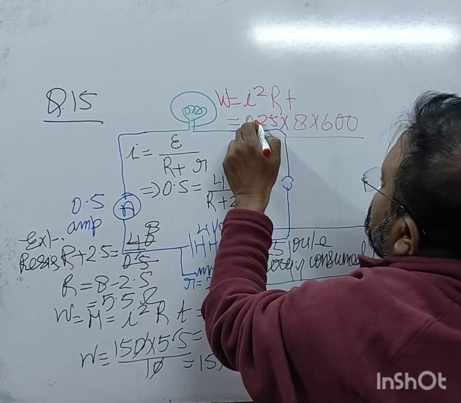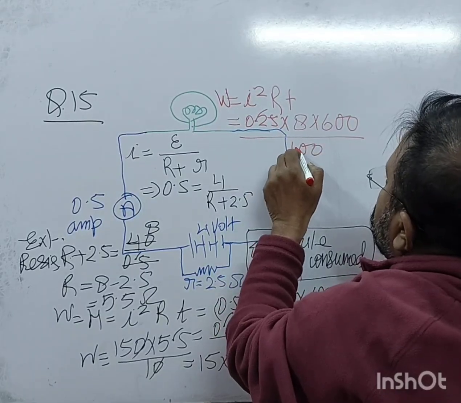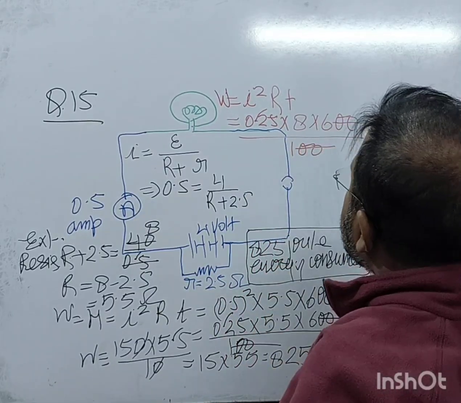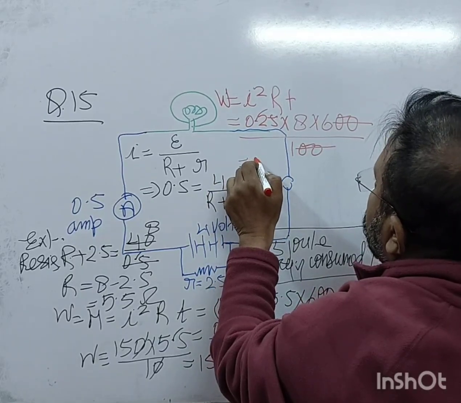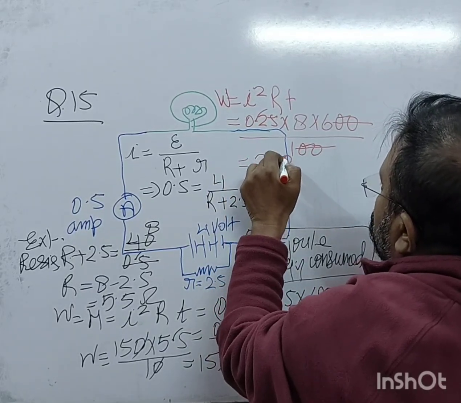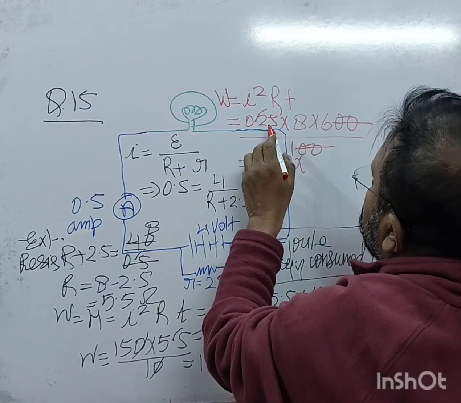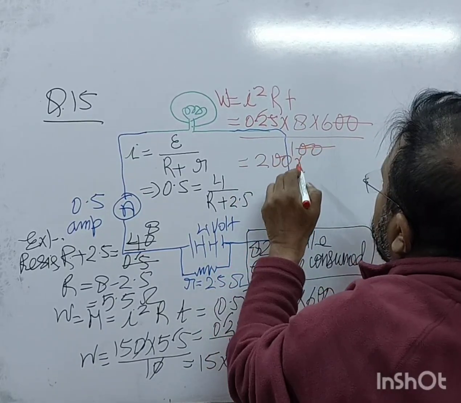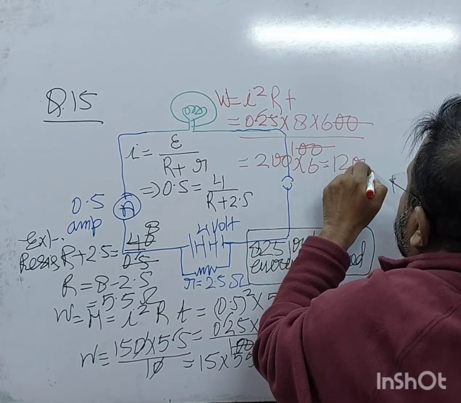The point we have removed, put 100 and it is gone. 8 times 25 becomes 200. 200 into 6 becomes 1200 joule.